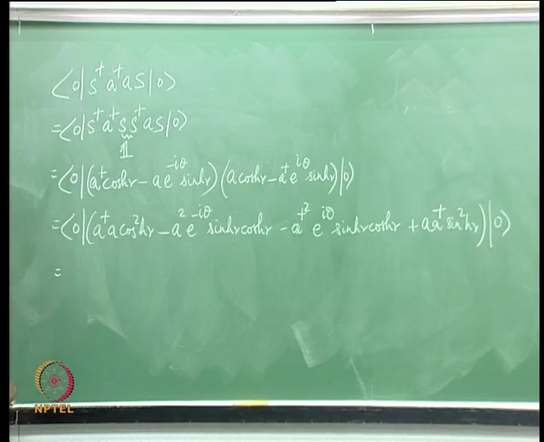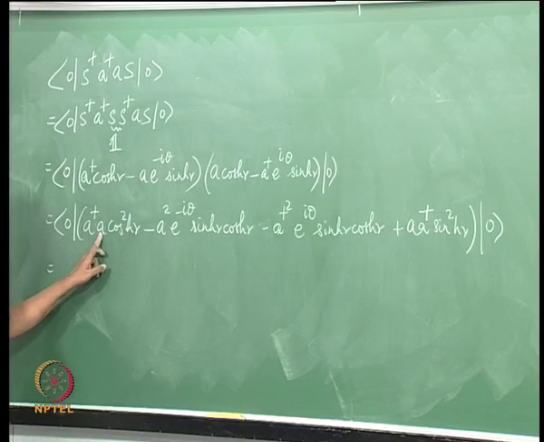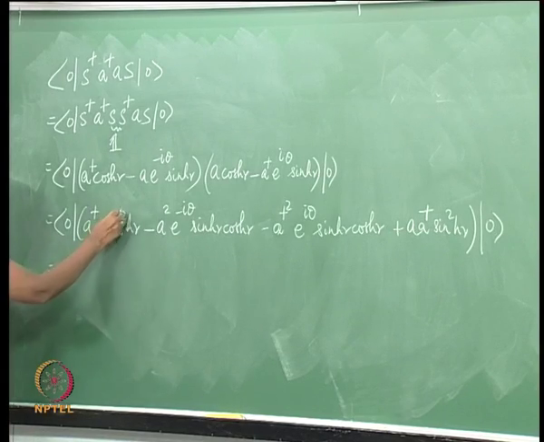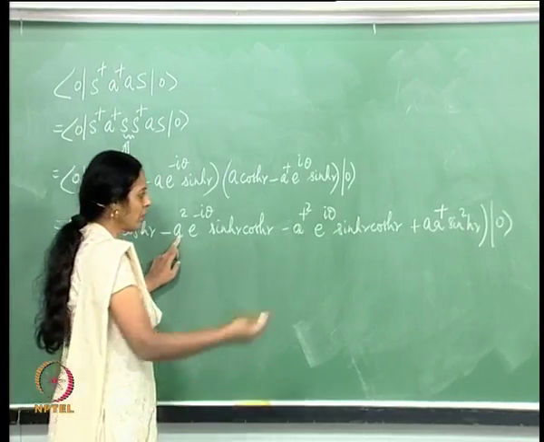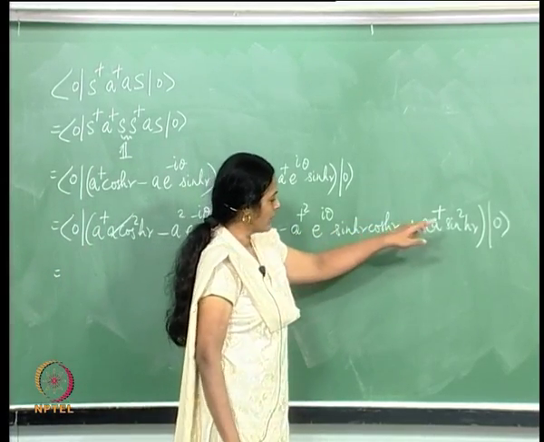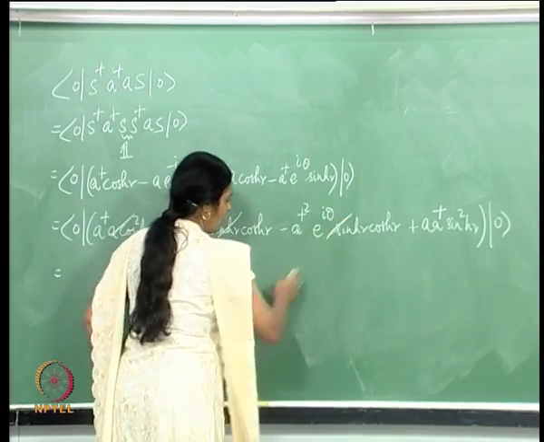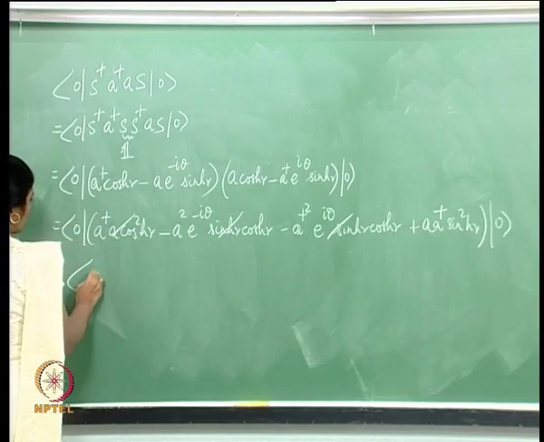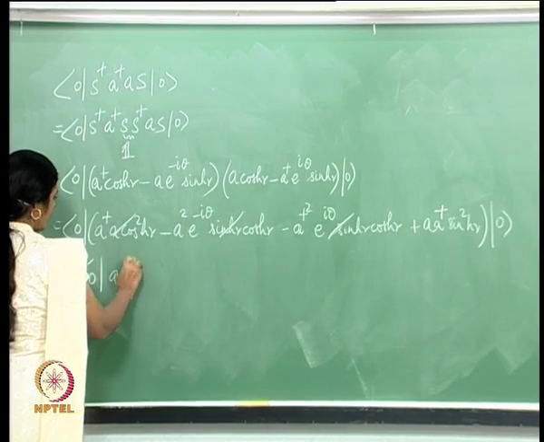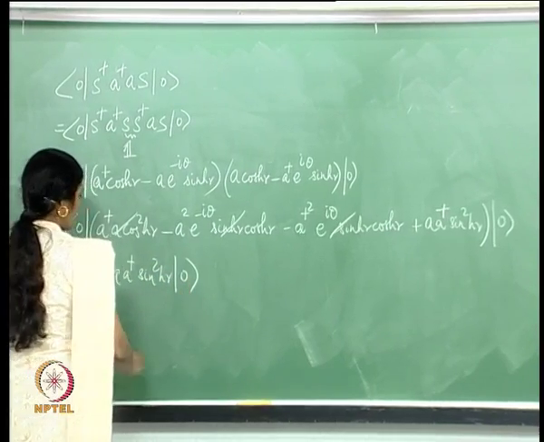This can be simplified as before. Look at the first term, A†A acting on ket 0 gives me 0, so that does not contribute. A squared simply annihilates ket 0. A† squared acting on ket 0 takes it to ket 2, and by orthogonality this is 0, and I am left with ⟨0|A†A sin squared hr|0⟩.